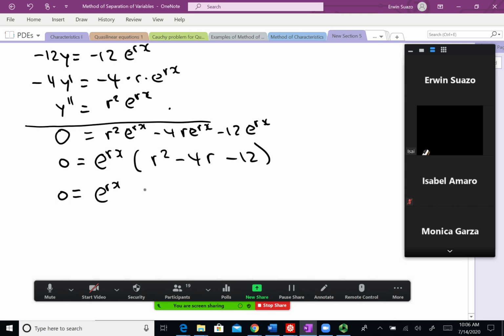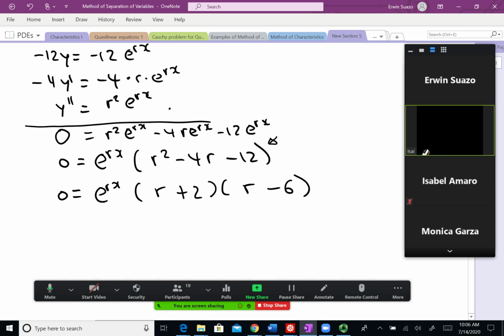Okay, so we factor the polynomial, right? Positive or negative? Yeah, that's true. So we can factor, or how else could you solve this? That's one way.